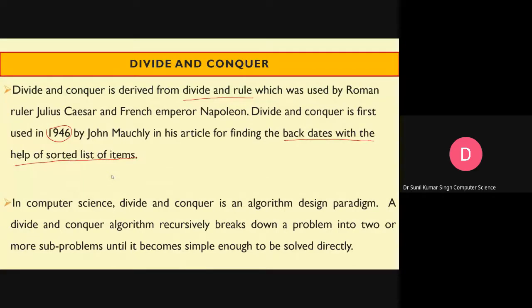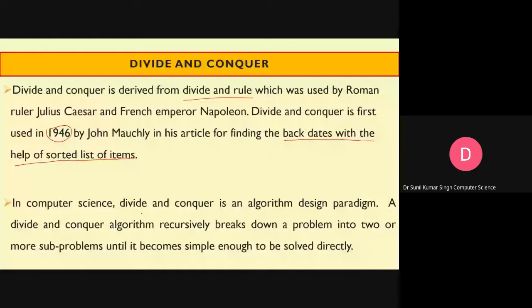And in the computer science field, the divide and conquer approach is used as a paradigm to solve a complex problem by breaking it recursively into smaller problems. If you look at the definition, in computer science, divide and conquer is an algorithm design paradigm.